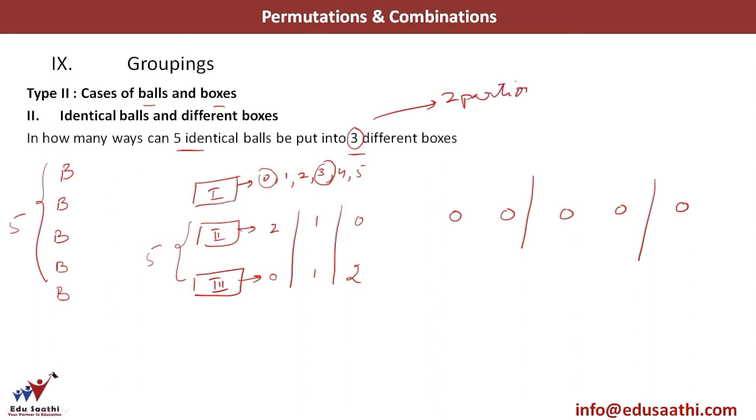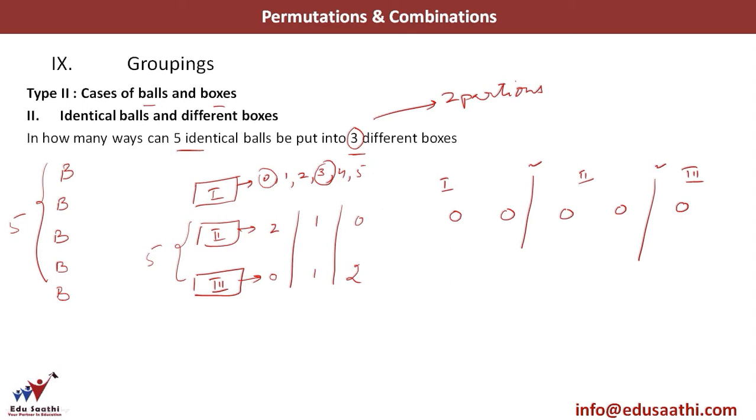Partitions will always be represented by these lines, and it will be 1 less than the number of different boxes. I'll tell you why 1 less. With these two partitions, I actually have created 3 spaces. This is space number 1, this is space number 2, and this is space number 3. So basically I have formed 3 boxes.